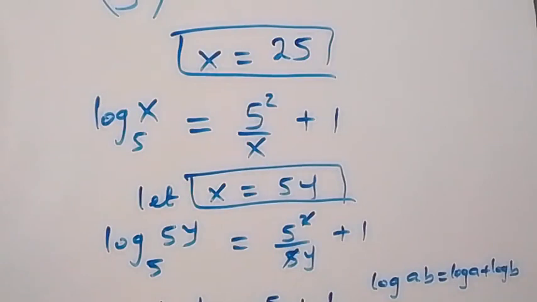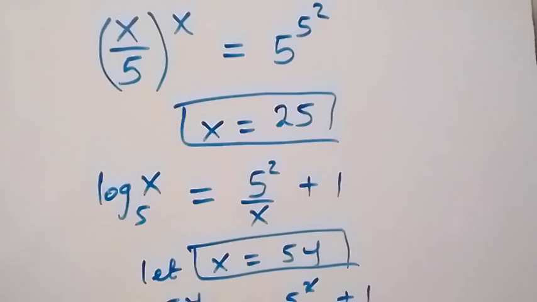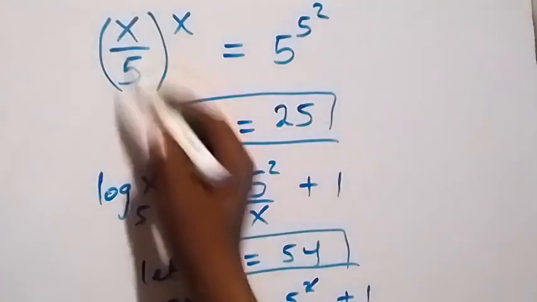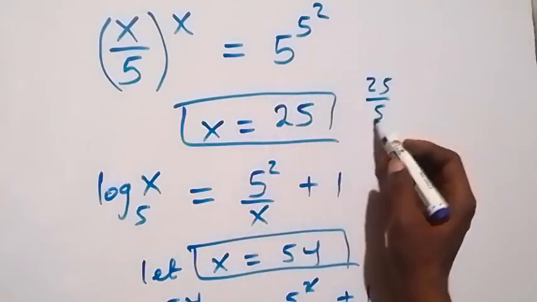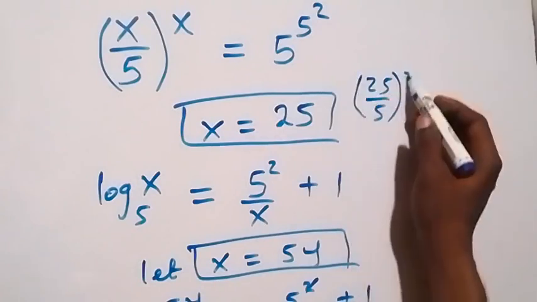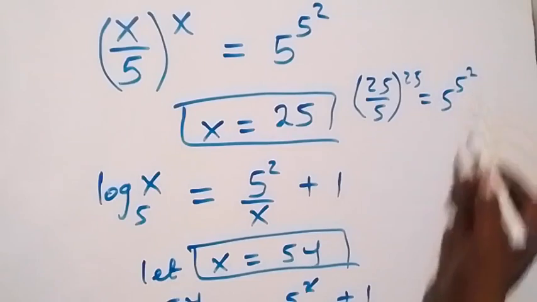Then we can also check if this is actually the solution. Very quickly, when we put 25 for x here, this gives us (25/5)^25 equals 5^(5^2).